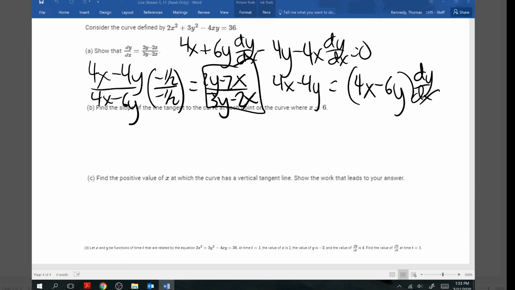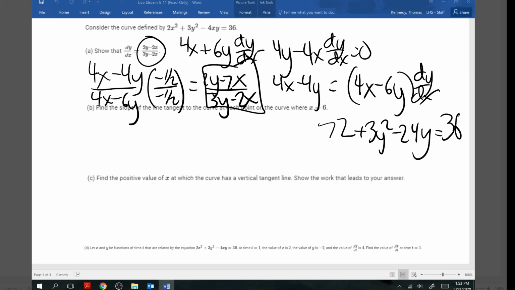Doesn't look like it. So folks, if you're trying to find a tangent line, first thing you need is a derivative equation, but second thing you need is both the x and y points, because our derivative equation has both x and y. So you have to plug 6 into your original function. So 2 times 36 is 72, plus 3y squared, minus 24 times y equals 36.